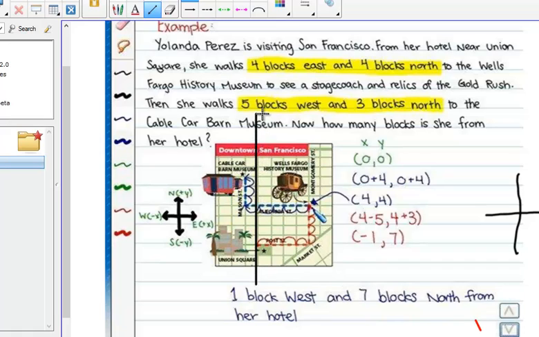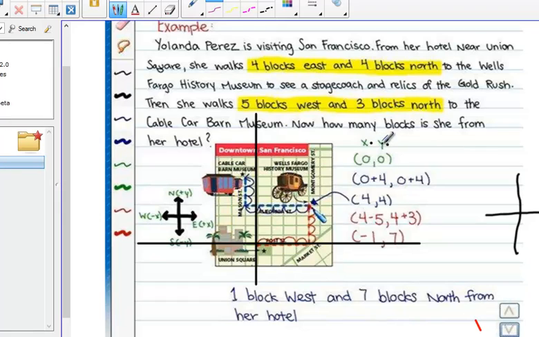So that's our y-axis and our x-axis. So that's where we're starting. We're starting at this point 0, 0, right? So that's right here.